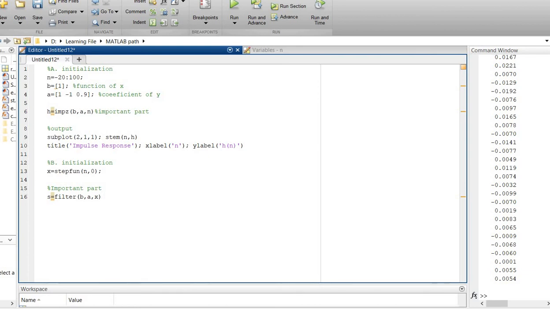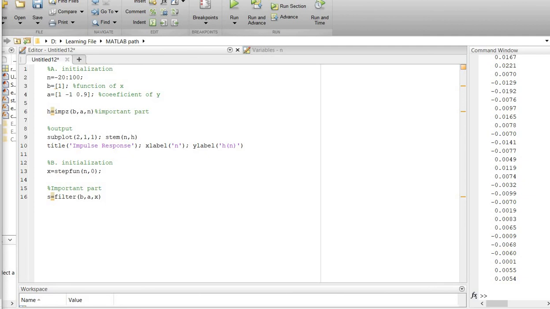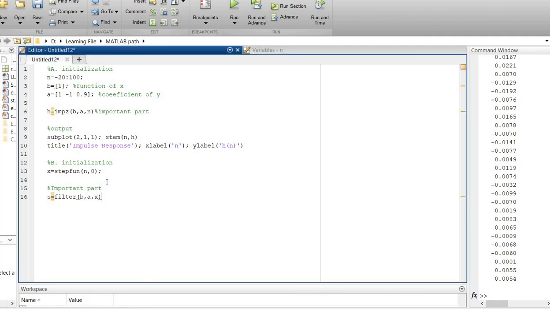Okay, so we're going to the plotting or the output. It would be this one. As you can see, I used the subplot again, and then stem outputted the s, which is our unit step response, and we use the filter function, and then label so that it would be neat and clean.